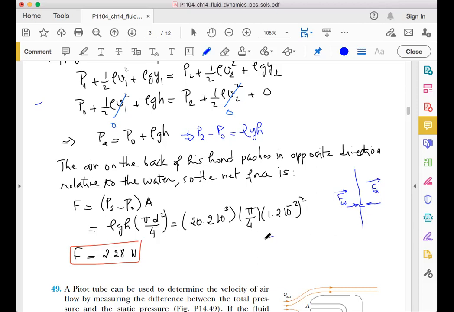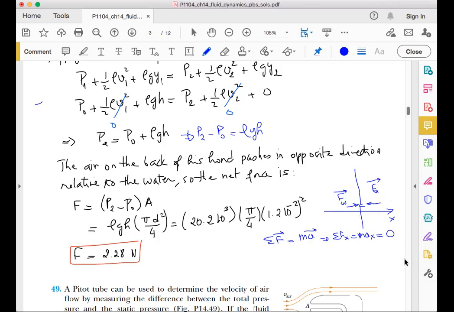According to Newton's law, the sum of external forces is equal to m times a. Here we can take only the x direction, because both forces are horizontal. So we can write sum of Fx equal to m times ax. But the finger of the buoy is not moving, so this is equal to 0.